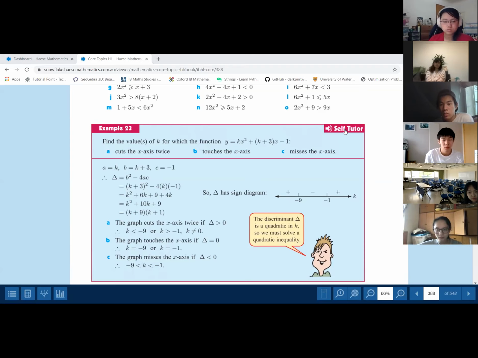Now, you could see that before A or B or C is answered, the first thing was the discriminant. So you don't need to repeat this calculation 3 times, because everything you need to do here is about discriminant. All right? Cuts twice means distinct roots, so discriminant is greater than 0. Touches means equal roots, right? Discriminant is equal to 0. Misses the x-axis means complex roots.